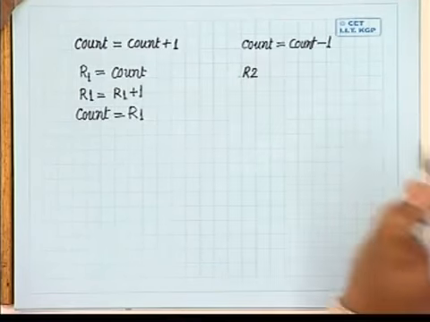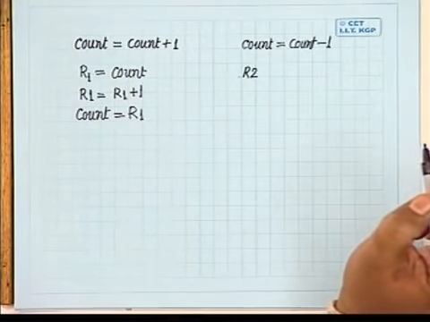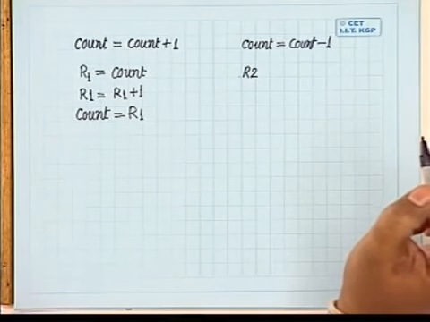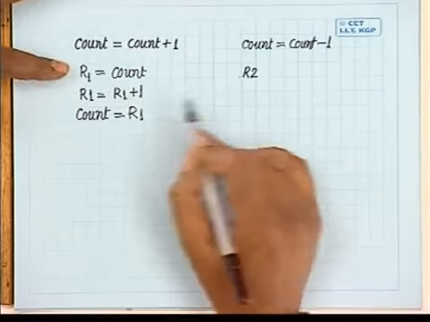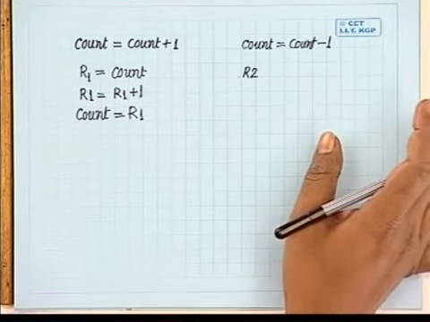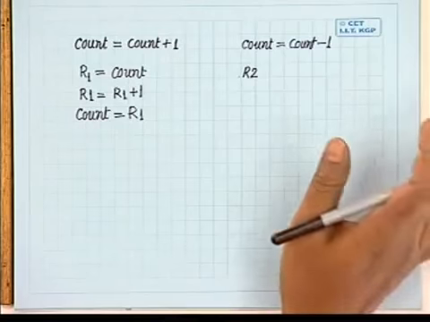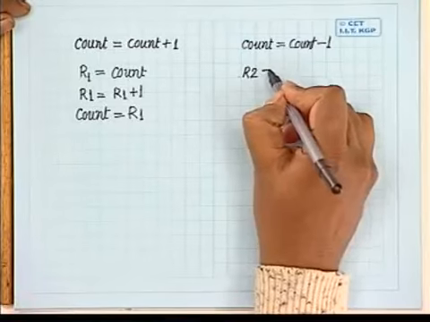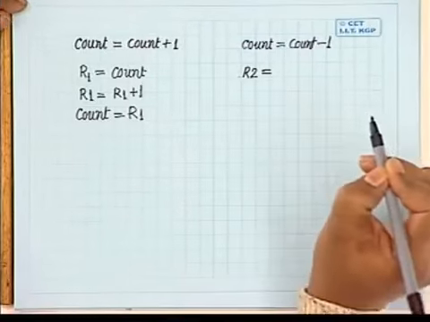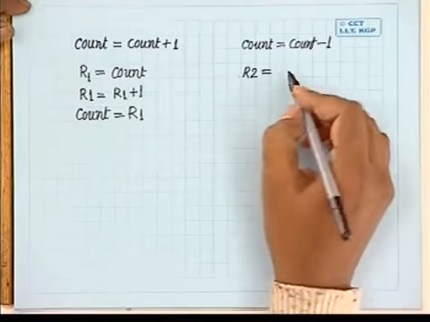Now let us assume that register R2 of the CPU will be used for decrementation purpose. Now R2 and R1 may be the same. Okay, they may be the same registers used by two different processes at two different instants of time. But there is no harm if I assume R2 to be different from R1.